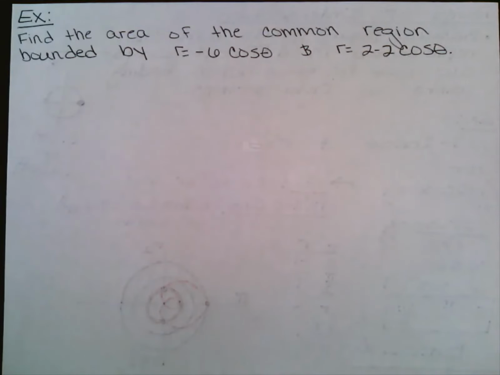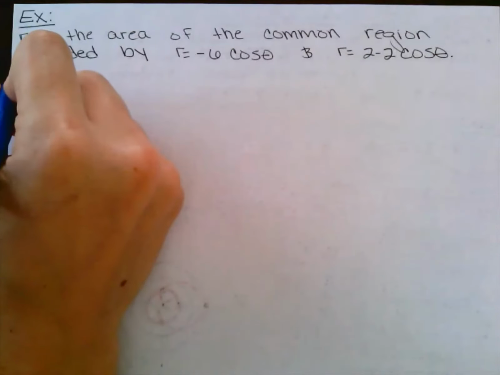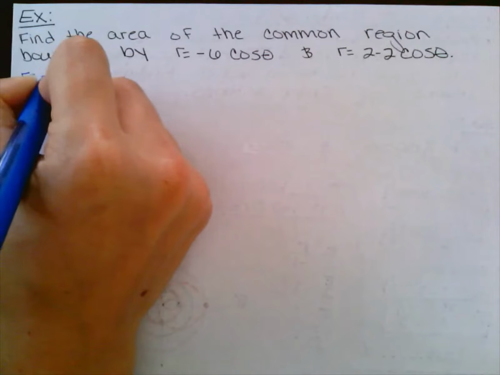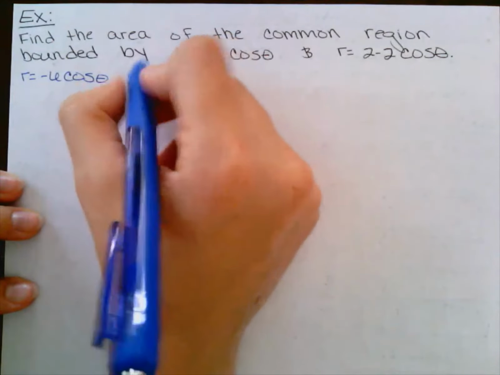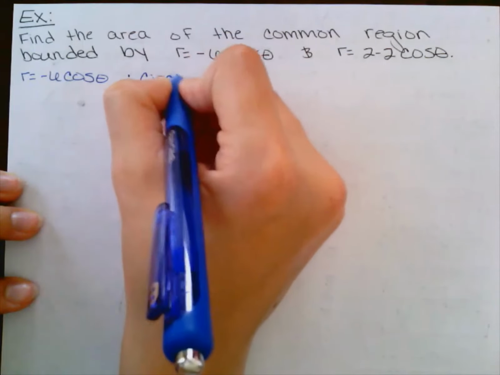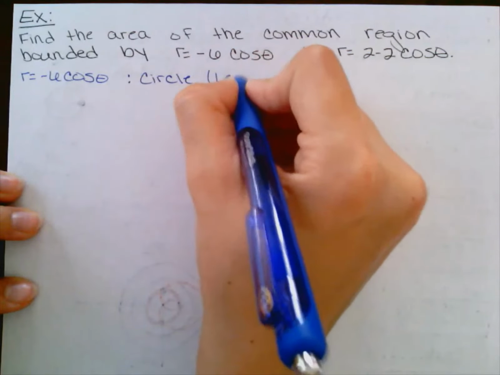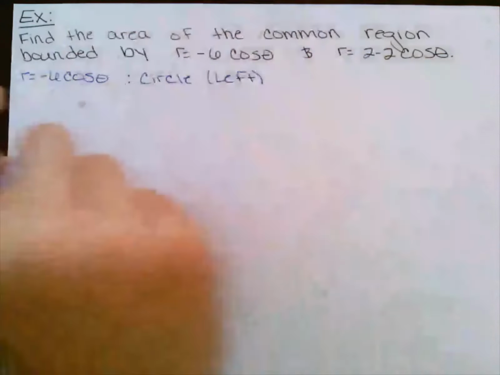This next question reads, find the area of the common region bounded by r being -6 cosine and r being 2 minus 2 cosine. So to begin with, I know that -6 cosine of theta, negative cosine means it's a circle on the left, and that 6 is the diameter.